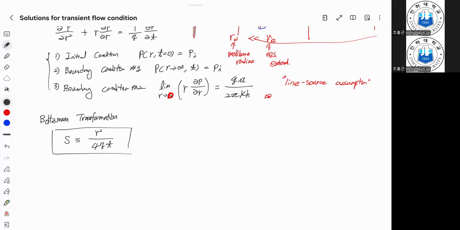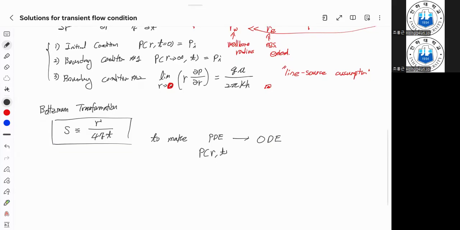The point is that the PDE is too complicated. We want to make this PDE problem an ODE problem. PDE means that the pressure is a function of r as well as t, but by having this variable, which looks almost random or ambiguous, the pressure can be written as a function of s.